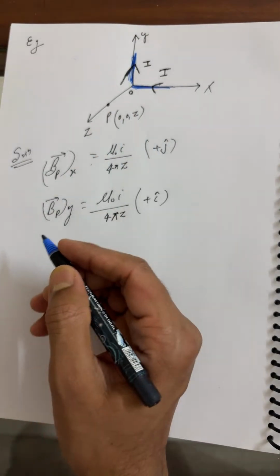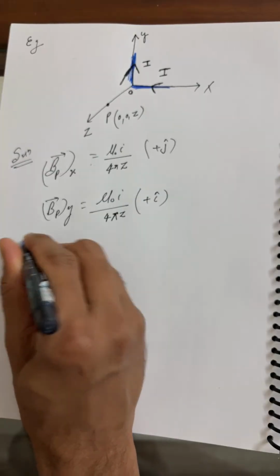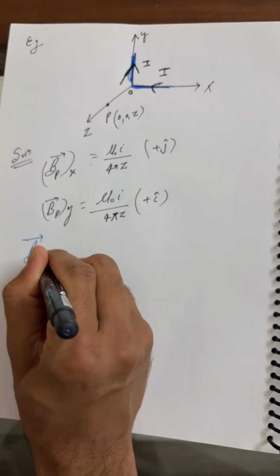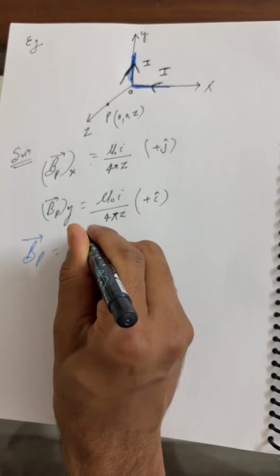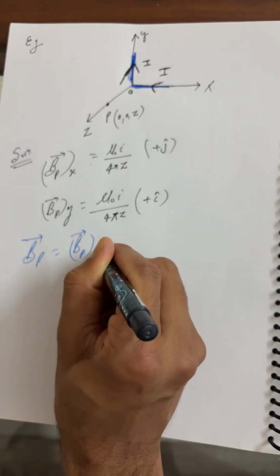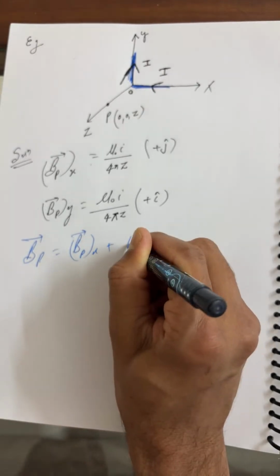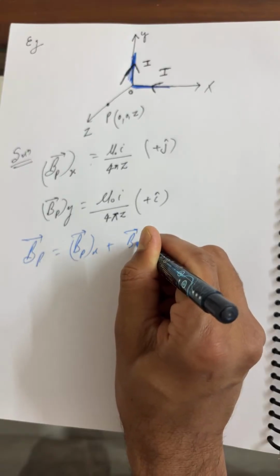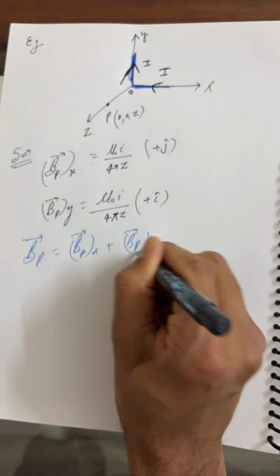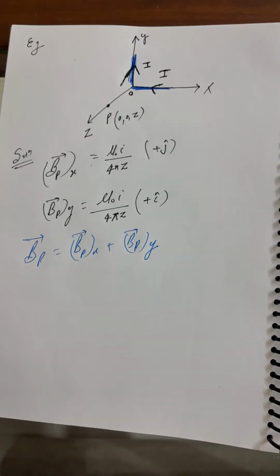It is the magnetic field at P due to the wire along x plus the magnetic field at P due to the wire along y.